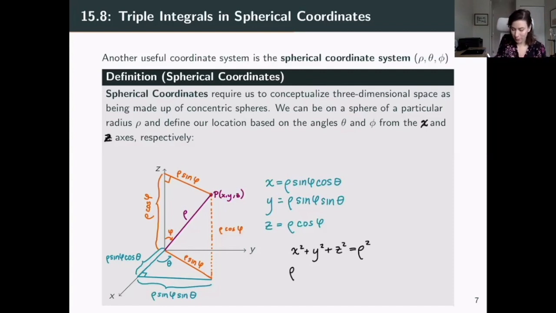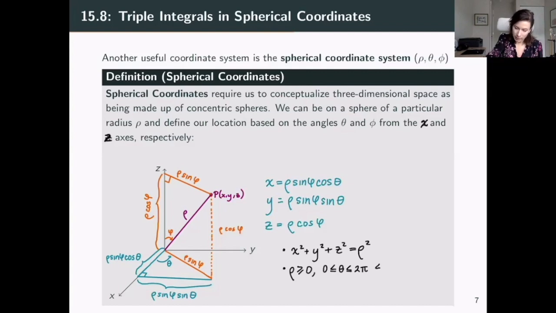It's always going to have to be bigger than or equal to 0. This is a condition that we took when we were dealing with polar coordinates, making sure that our r was always going to be positive. We also have that our theta is going to be between 0 and 2 pi.